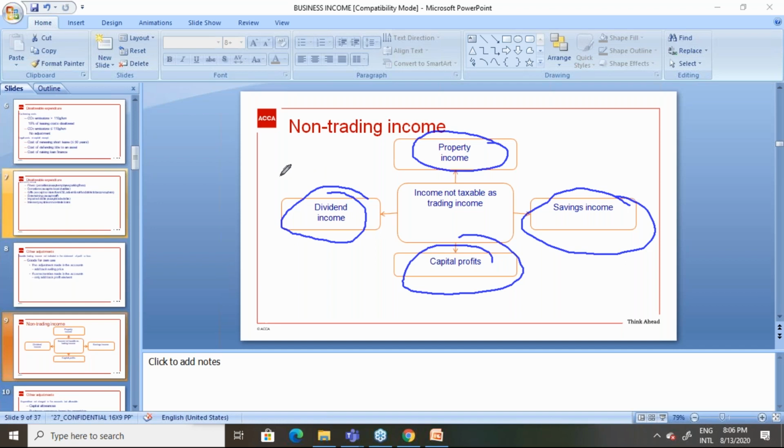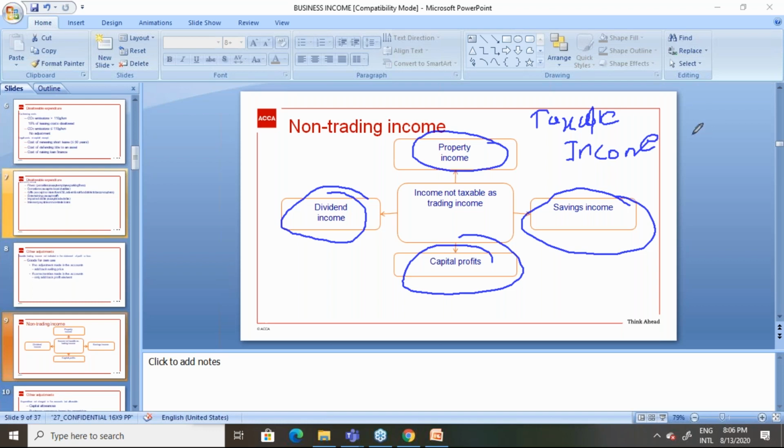Now, when you're calculating taxable income for the purpose of income tax, what do we include? We include employment income.